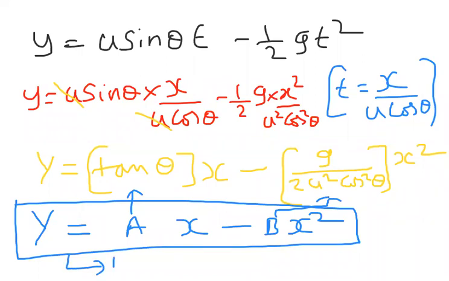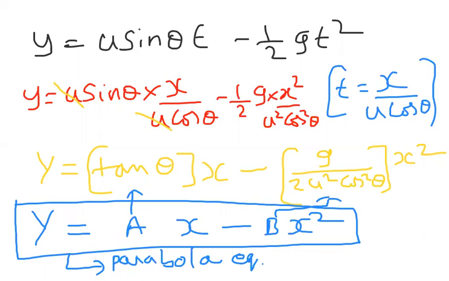This equation says parabola. The shape of the graph of our main equation is comparable with the standard form of the parabola equation. So I can write now, this is a parabola equation with a decreasing slope.